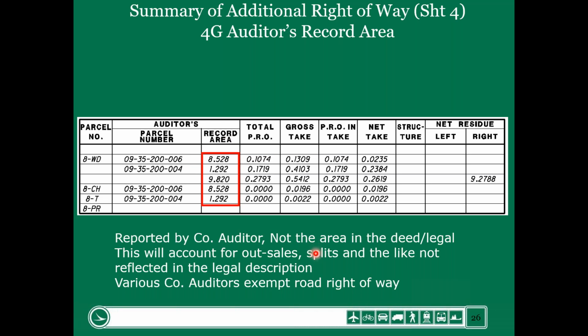That may not exactly match the legal description or the current deed from which they obtained the property. The reason we do this is obviously tax purposes, but also usually this number will reflect any out sales. There may have been a breakout, a sale that happened, a split since they obtained the property that will pull that acreage out of the record area. So I just want to make sure I'm abundantly clear on that.